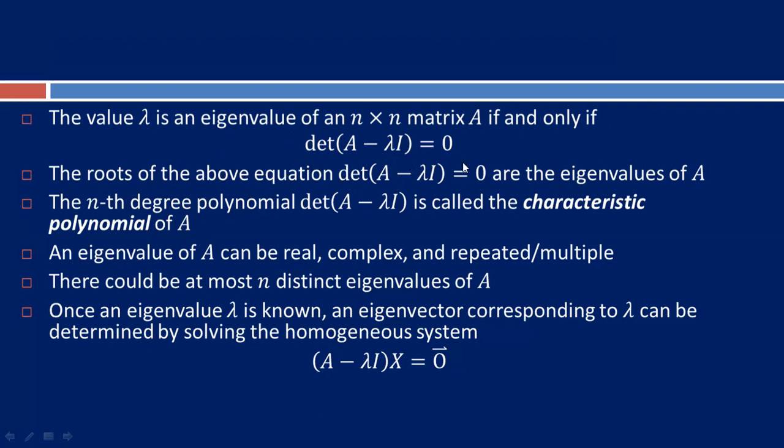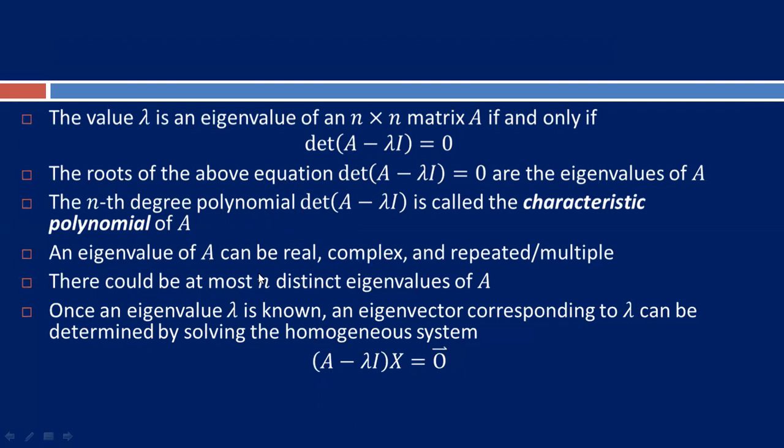So the roots of this equation are the eigenvalues, and it is an nth degree polynomial. When you take the determinant of A minus lambda I, you have some polynomial, and the nth degree polynomial is called the characteristic polynomial of A. This is the characteristic equation, and from the characteristic equation we determine the characteristic polynomial.